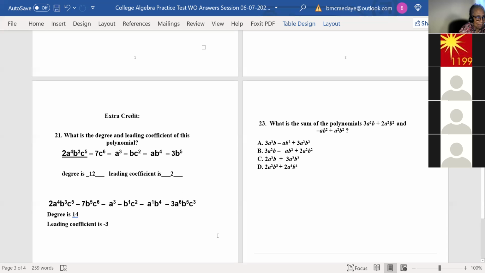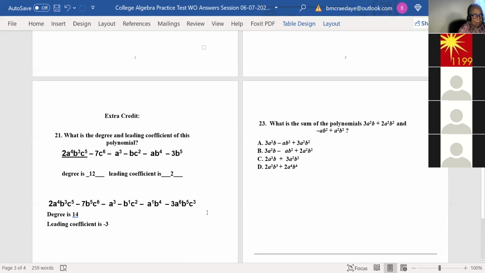And this one has 7, c to the 6th. This one has 7b to the 5th, c to the 6th. So two of the expressions are not the same. You follow? Or do you see how they're not the same?